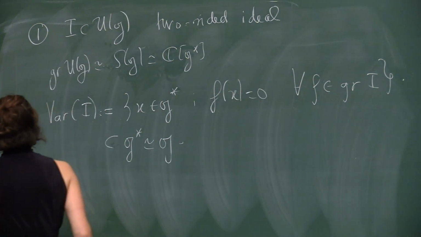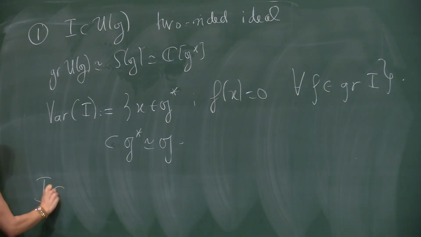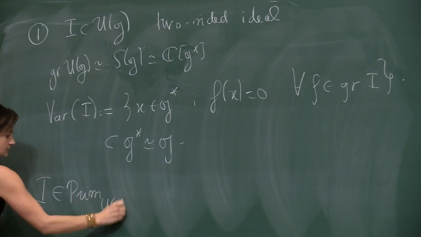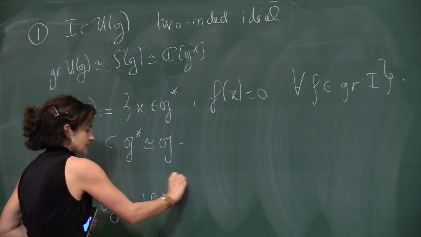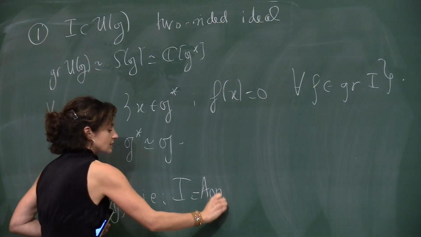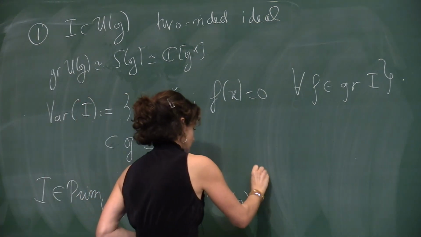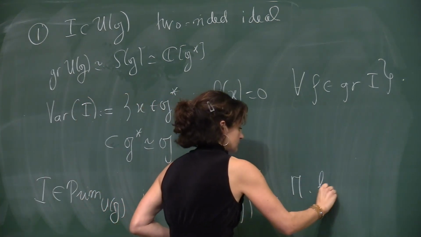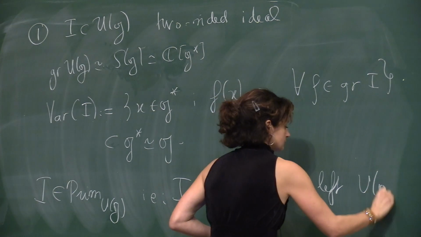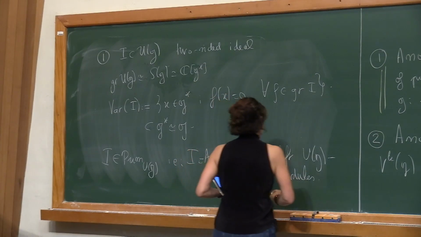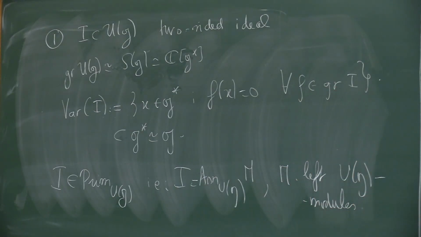All right, so now in the case where I is a primitive ideal, so I remind you that this means that I is the annihilator of some simple left UG module. There are two important results, very deep results that I want to recall for the sequel.